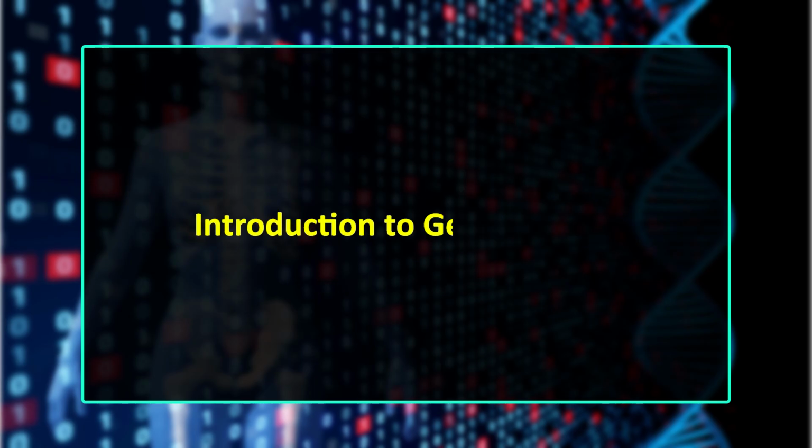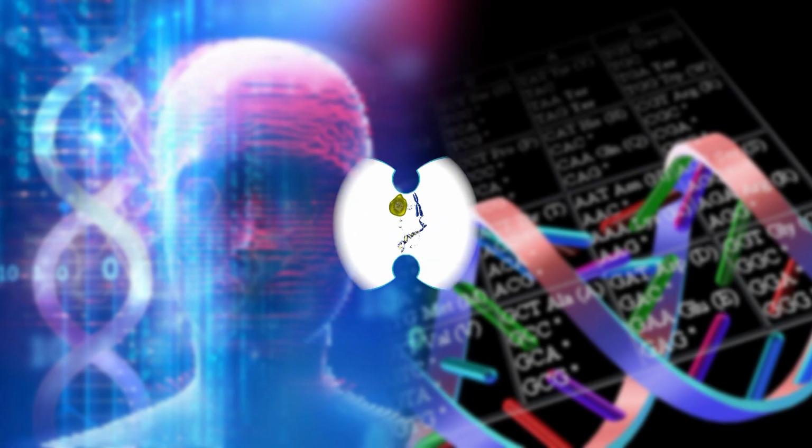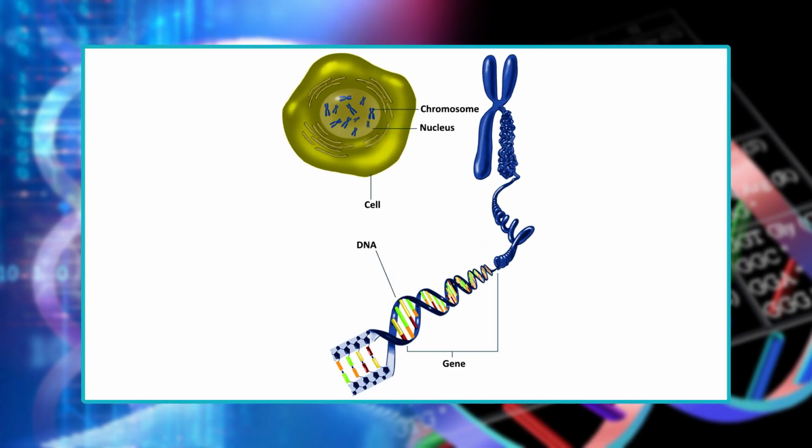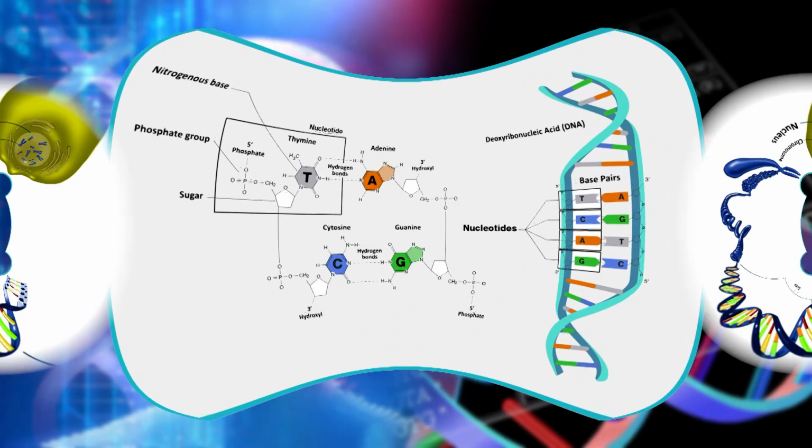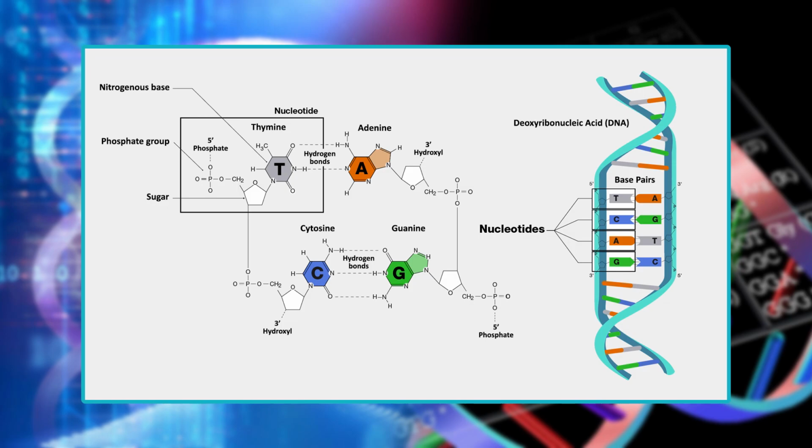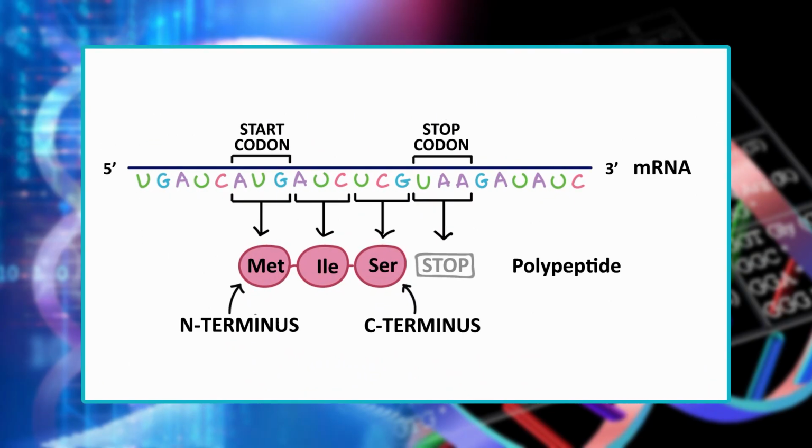Dear students, let's first start with the introduction to genetic code. Our genetic information is stored in our chromosomes on sections called genes, and each gene code uses the 4 nucleotide bases of the DNA, that's adenine, cytosine, guanine and thymine, in various ways to spell out the 3-letter codons that specify which amino acid is needed at each position within a protein.